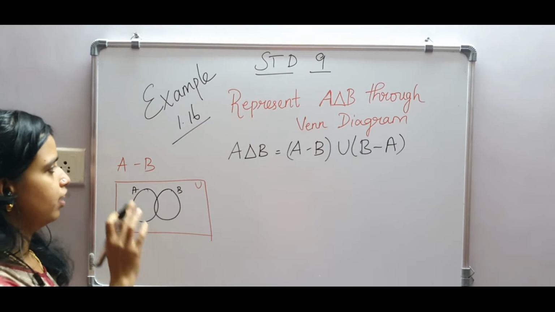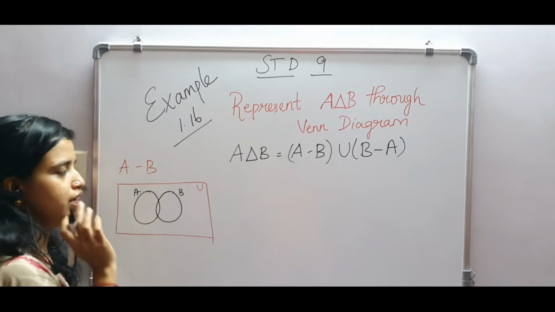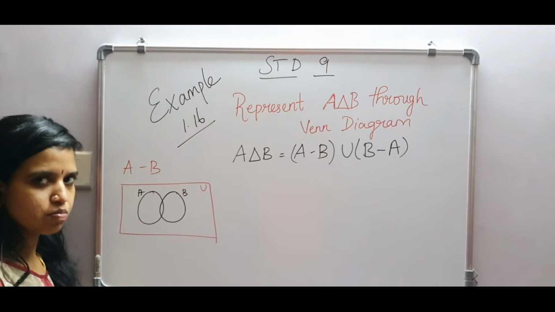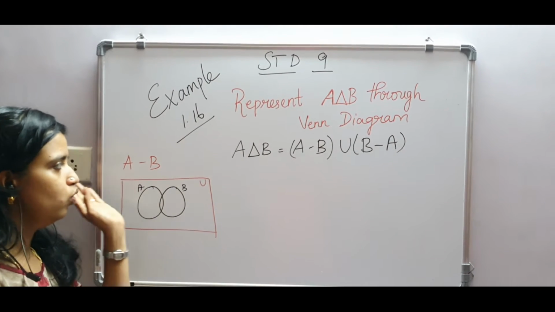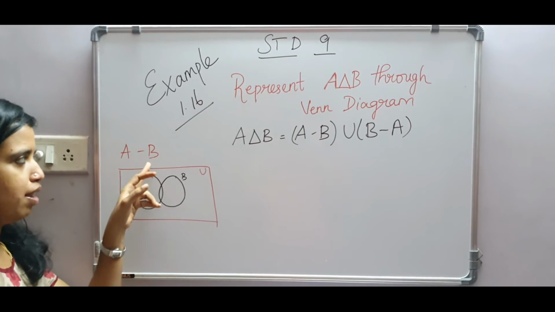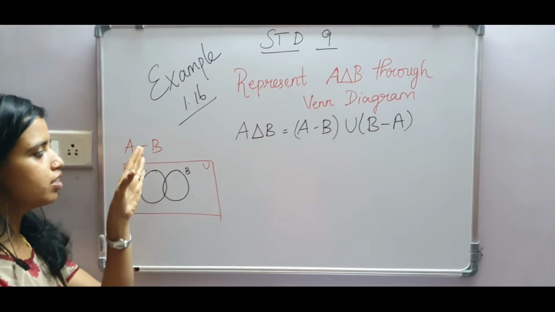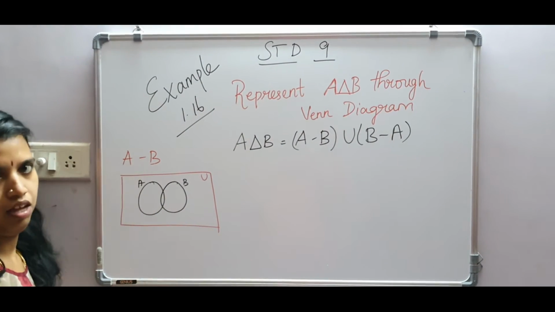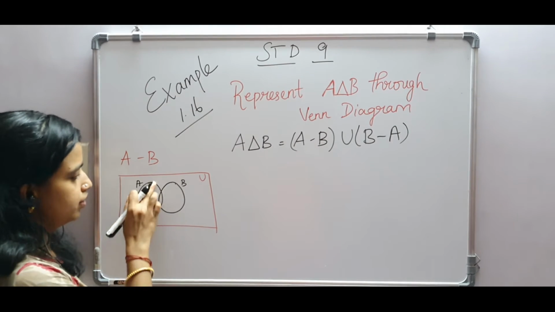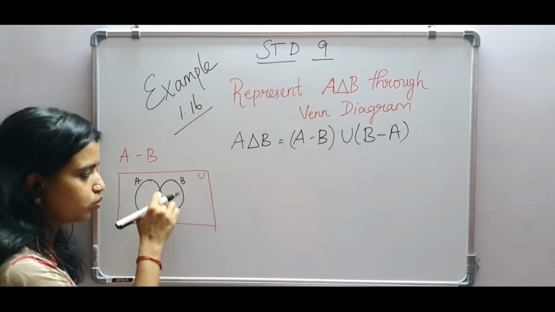So see here, A minus B. What do we mean by minus? Minus means generally we have to leave out those set's elements. We are going to subtract this set from A. See here, this is A and this is B set.